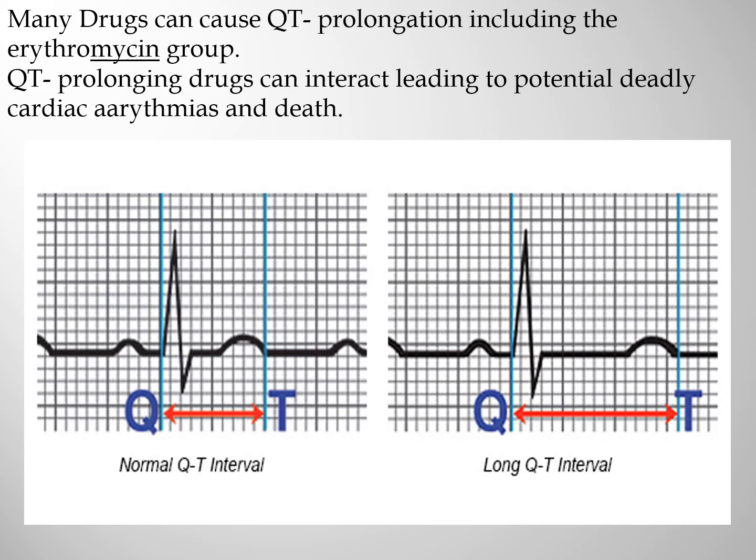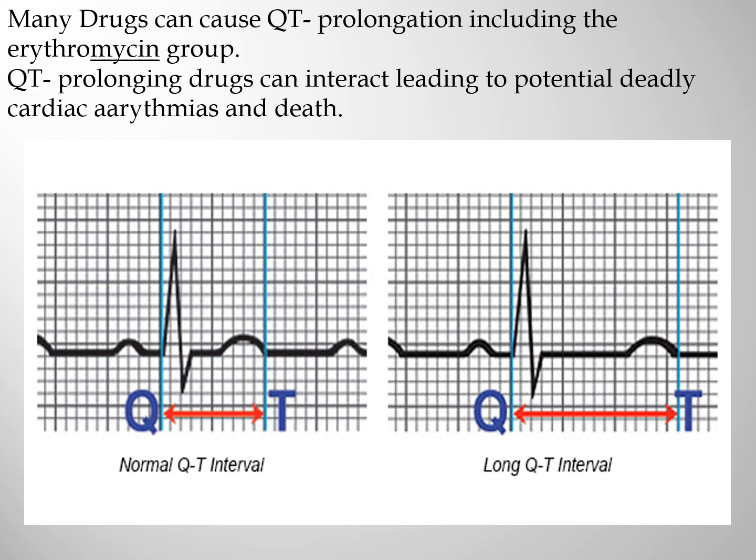phenomenon, and that can be very dangerous because the T wave is when the ventricles are repolarizing, and when the ventricles are repolarizing, they're in a sensitive state, and if they get hit with a QRS, so a depolarization, it can cause the ventricles to go into a dangerous rhythm called ventricular tachycardia.